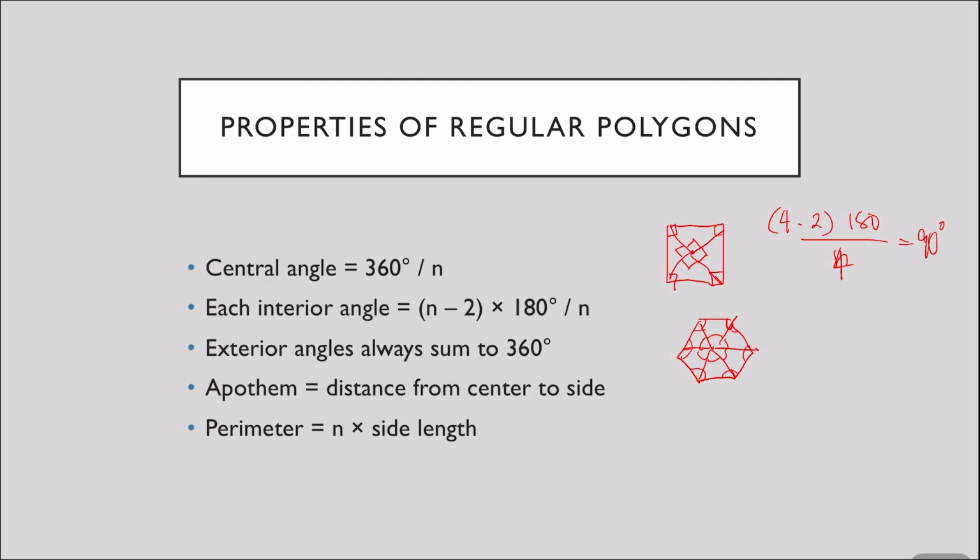Right? So that's how we will use the formula in determining your interior angles. Again, your interior angles are this, no? For hexagon, let's try 6 minus 2 times 180 all over 6. So this will be 4 times 180. So that's 720. 720 divided by 6. That is 120.